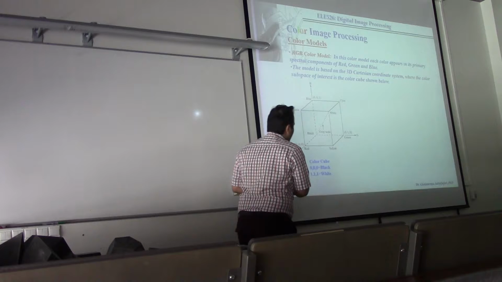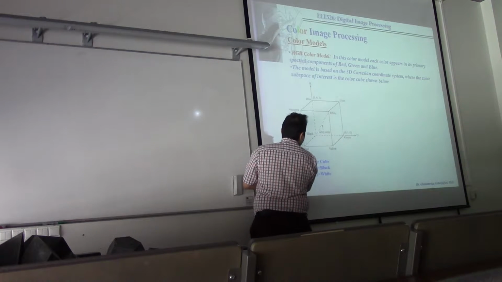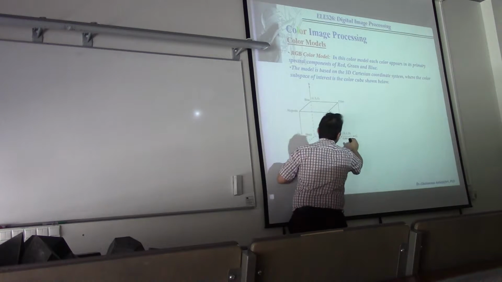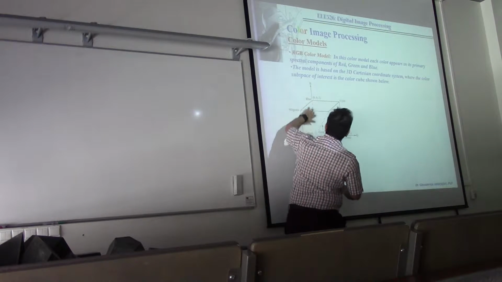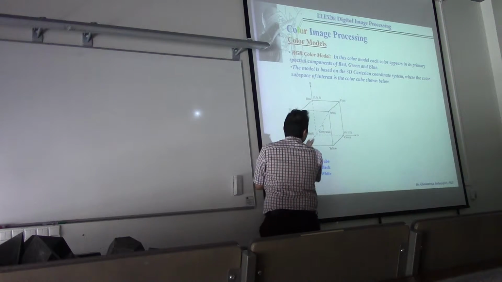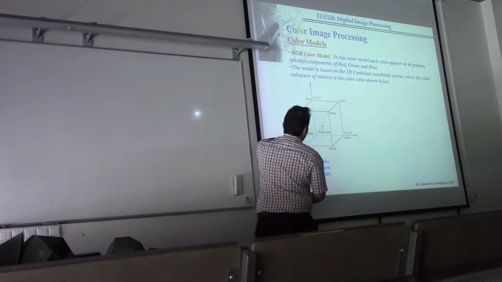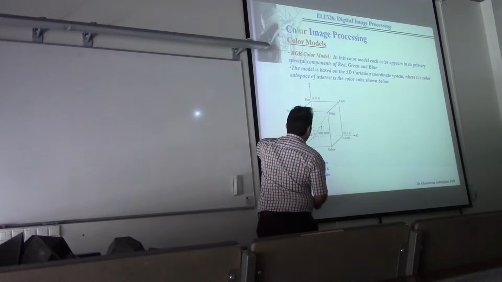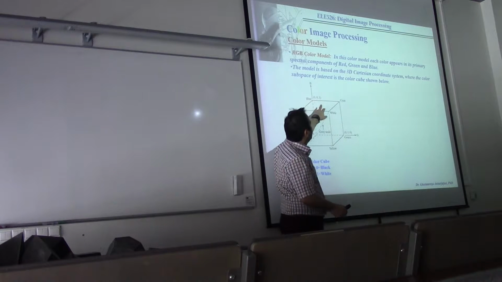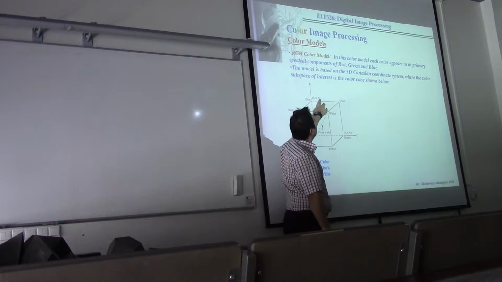For example, if we assume that this axis is red, this axis is green, and this axis is blue, it means that in each axis, for example the axis of red, the value for the red is equal to 1 and the rest is equal to 0, and the same for the blue, where the last value is equal to 1.